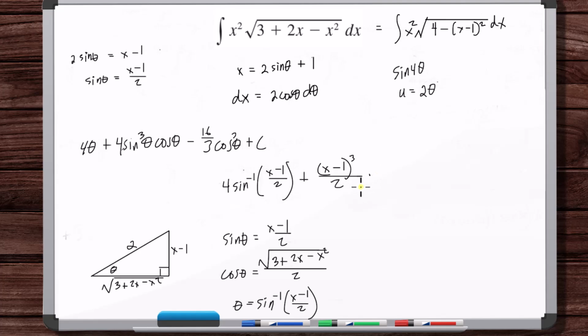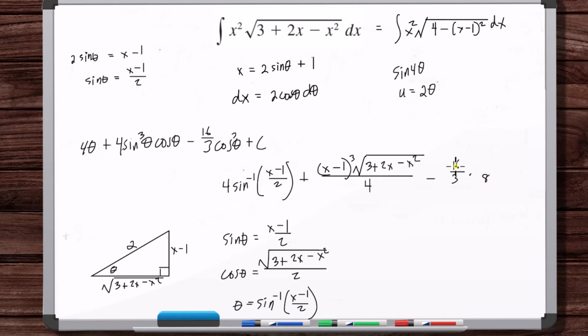And so we'll have x minus 1 cubed and then 3 plus 2x all over 4. Okay, minus now 16 thirds times cosine cubed.